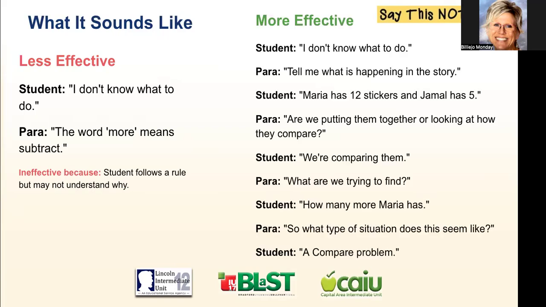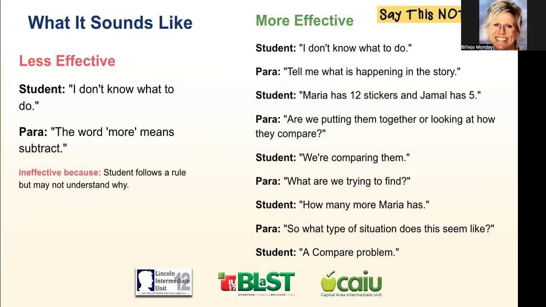So a more effective approach might look like this, where your students might say, "I don't know what to do." And you come in with, "Tell me a little bit about what's happening in the story." They may say something like, "Maria has 12 stickers, Jamal has 5." And then you can come in and support with, "Are we putting them together or looking at how they are compared?"